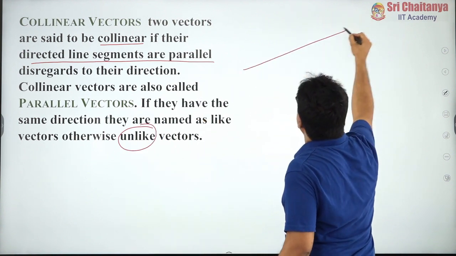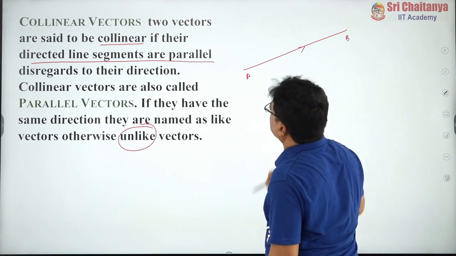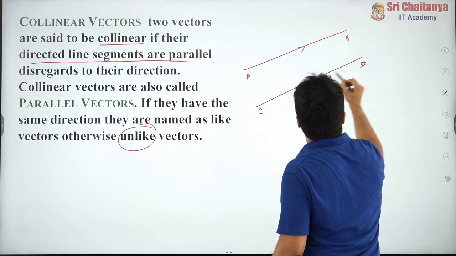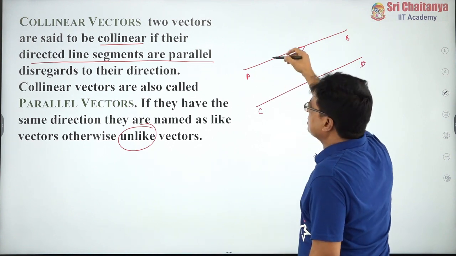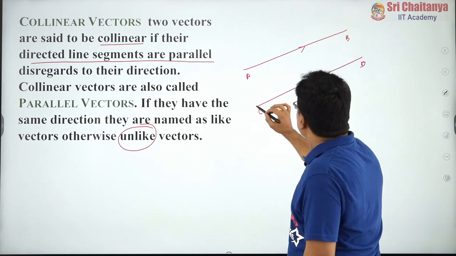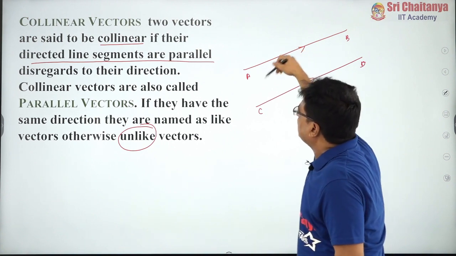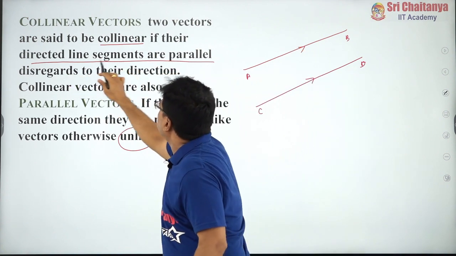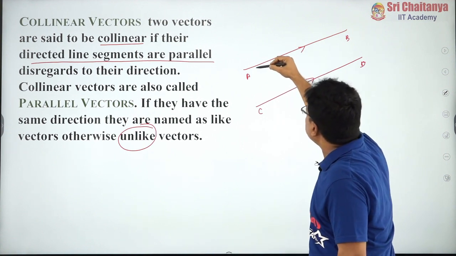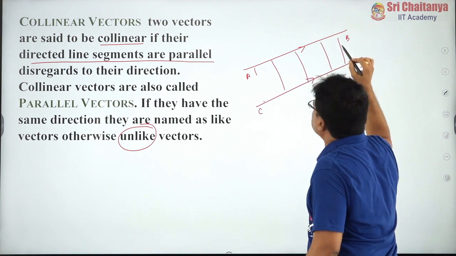Say for example, this is vector AB. See the direction. And this is vector CD. These two vectors are said to be collinear if they have the same direction and their directed line segments are parallel to each other. That means the distance between these two vectors, wherever you go, is always the same.